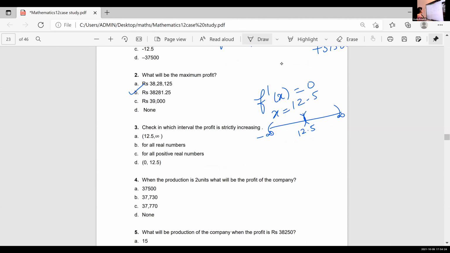Explain how you will get that value. Because if we put positive values greater than 12.5, then the derivative will be negative. So if it's less than 12.5, then it will be positive. So 0 to 12.5.